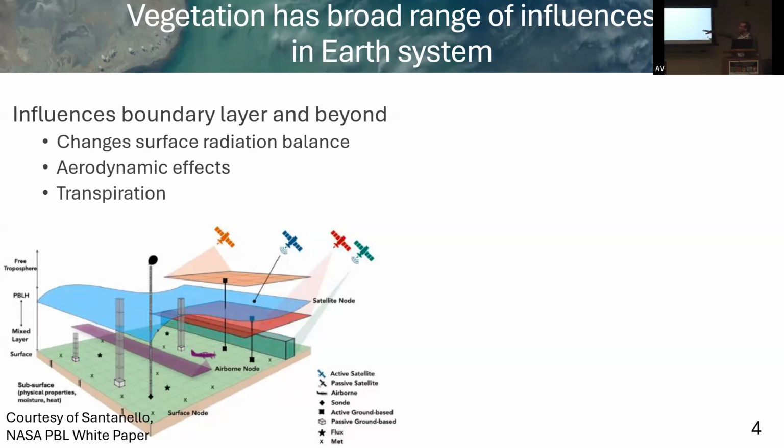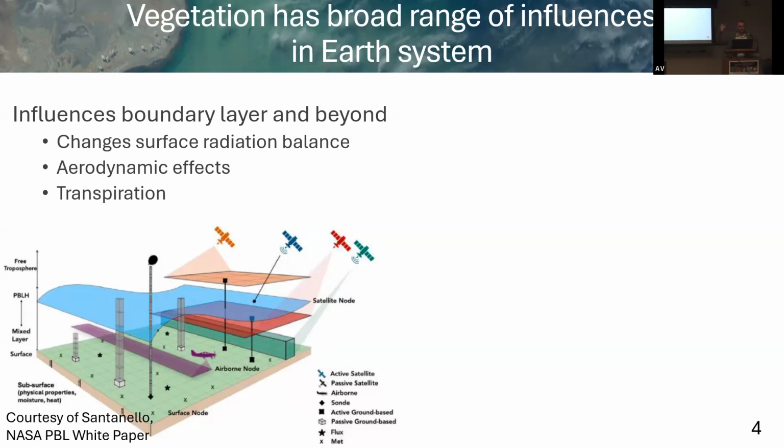If you're trying to model how the boundary layer works, with the atmosphere interacting with the surface, and you put a bunch of shapes on the surface, which is vegetation, it turns out that affects aerodynamics and turbulence quite a bit. It creates friction at the surface, so just the structure of vegetation has an influence. Transpiration has an influence.